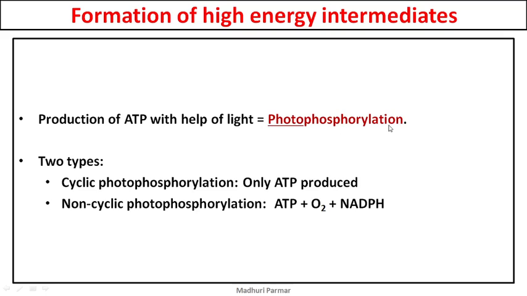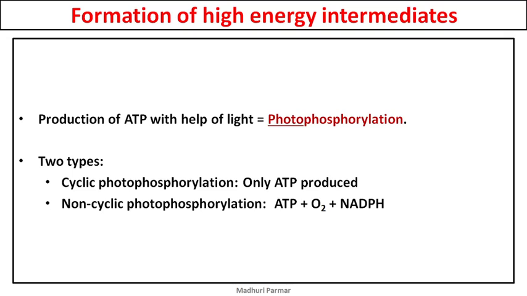There are three types of phosphorylation. First one, photophosphorylation, which you will see in photosynthesis. Then there is substrate level phosphorylation, which you will see in glycolysis.